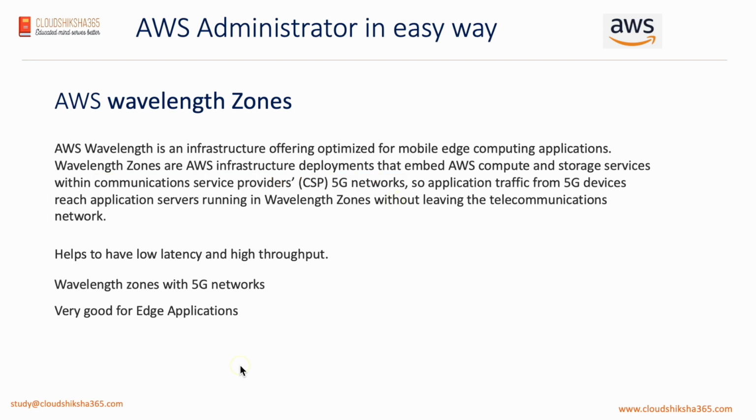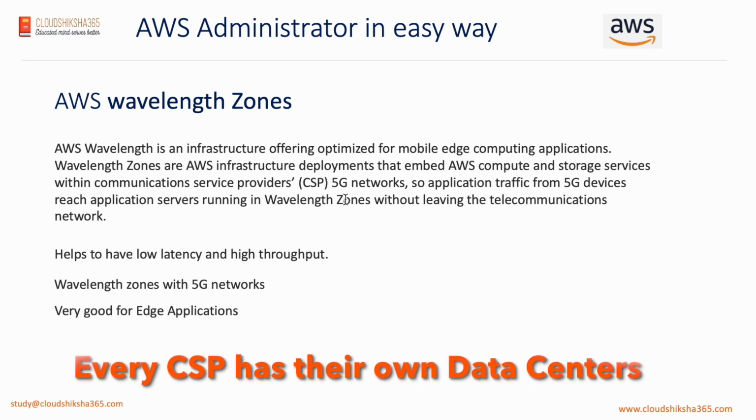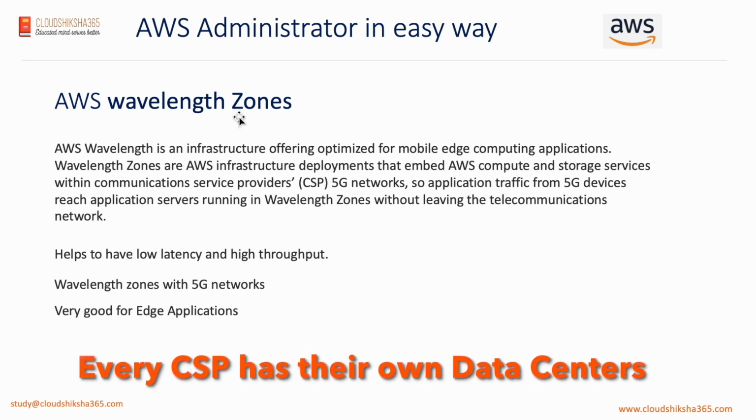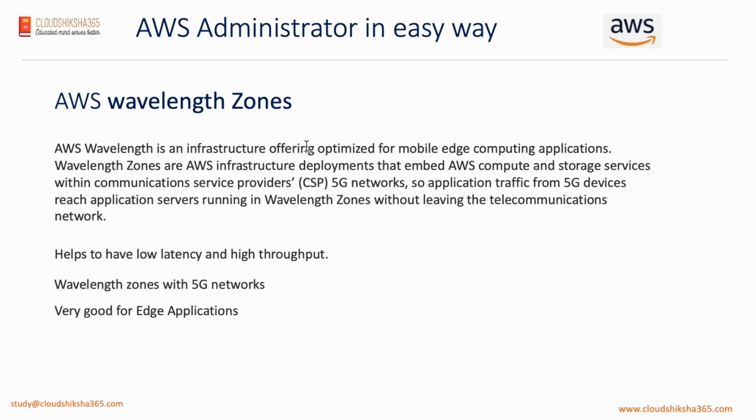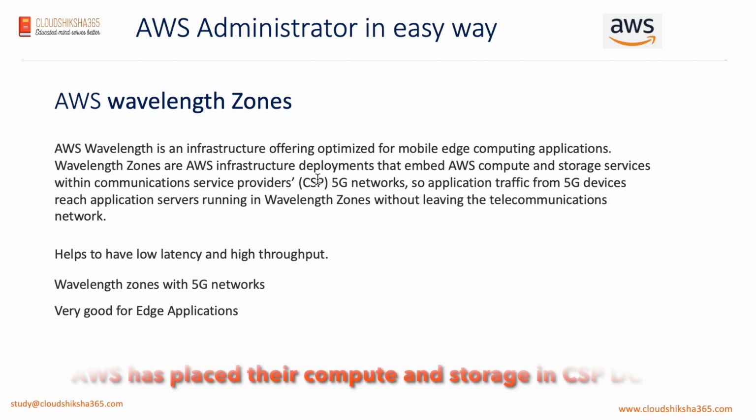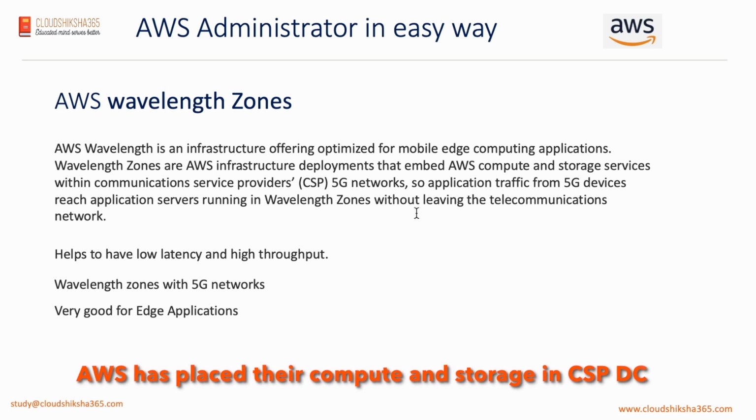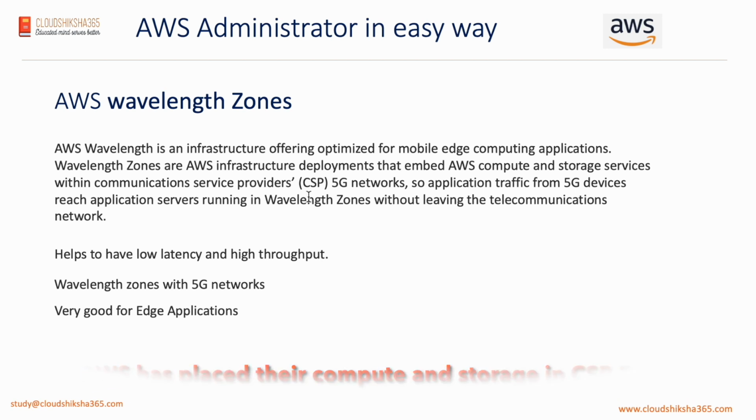That means the communication service provider that we use for wireless internet access through our mobiles. So AWS Wavelength Zone has embedded their own infrastructure within their data centers, because every CSP has their own data center also. So what AWS has done is keep their resources within the CSP's data center, so that we have quick and nearest access to the applications. I will elaborate that in coming slides with some diagrams.